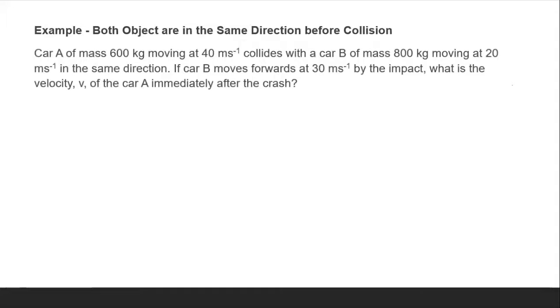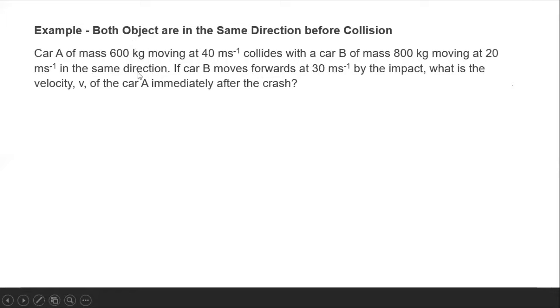Let's see an example here. Both objects are in the same direction before collision. So for this case, same direction, there must be car A and then car B. So two objects, two masses here. We will get two masses and two velocities.